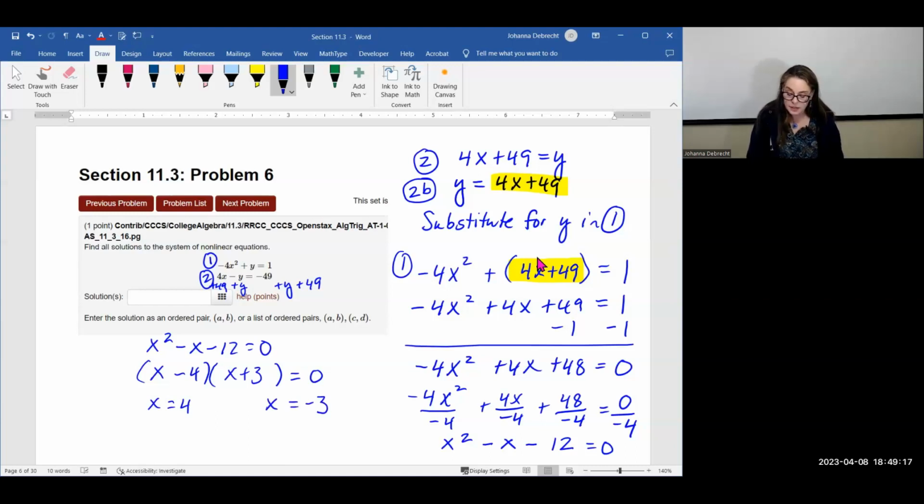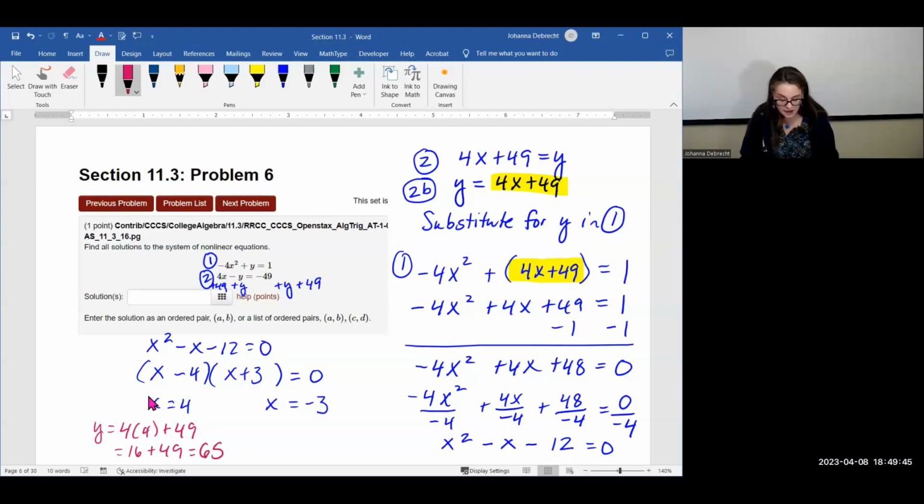Then I can take the expression I have up here where I solve for y to find the y values. So now I have y equals 4 times 4 plus 49. And this gives me 16 plus 49, which would give me 65. All right, so keep me honest here. I think I've got 65.